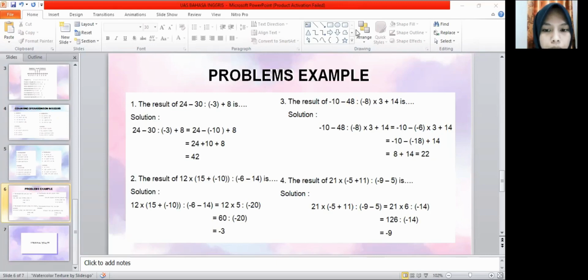Solution: 21 times negative 5 plus 11 divided by negative 9 minus 5 equals 21 times 6 divided by negative 14 equals 126 divided by negative 14 equals negative 9.